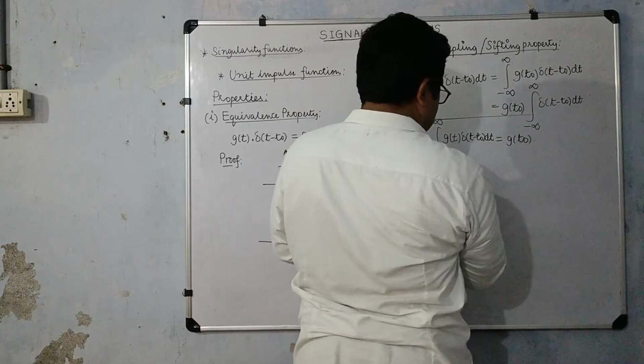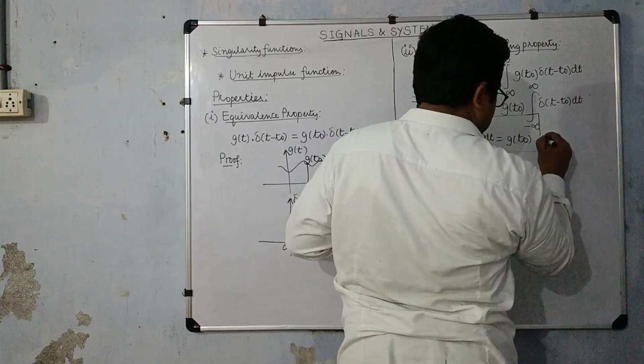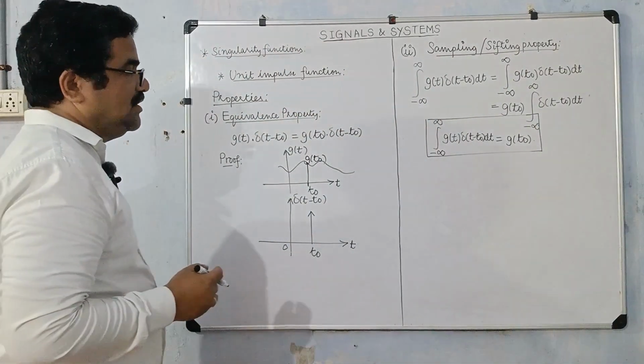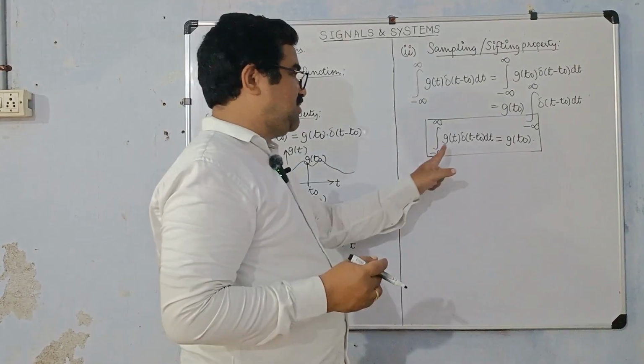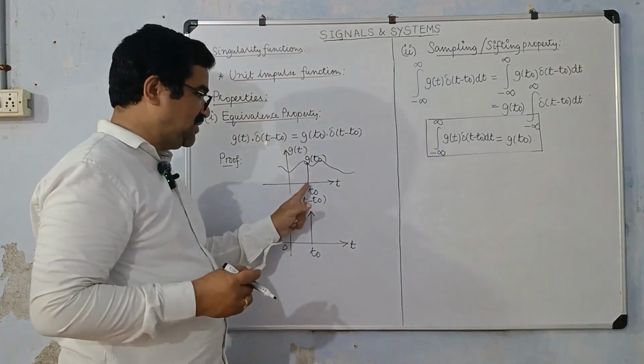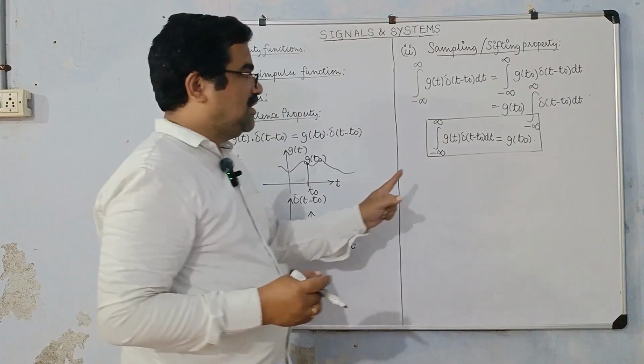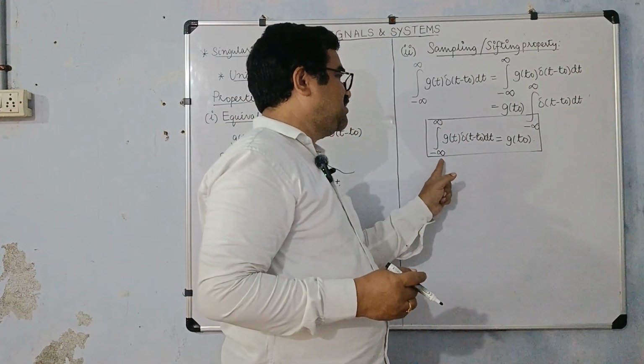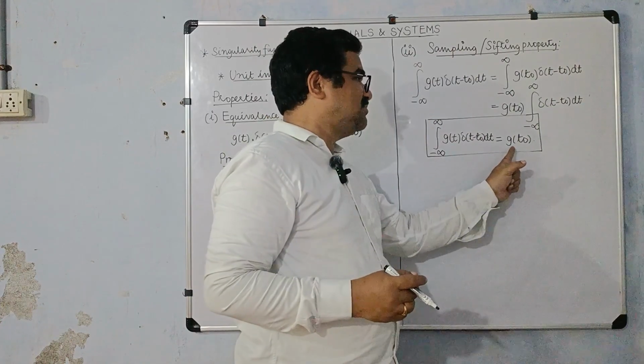So this is what is known as the sampling property or shifting property. Sampling means I am taking a sample of g of t at t is equal to t naught by multiplying with delta of t minus t naught and integrating from minus infinity to plus infinity.